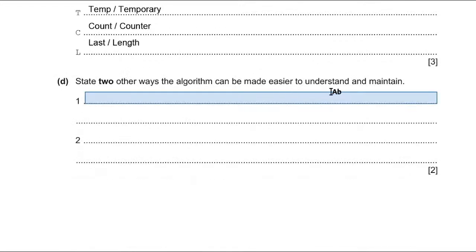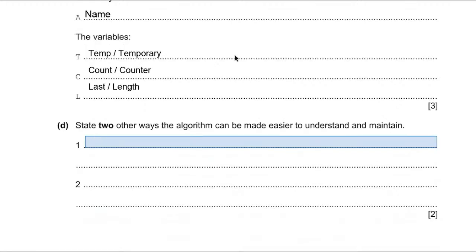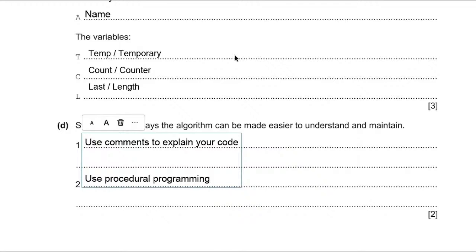State two other ways the algorithm can be made easier to understand and maintain. The first way is using meaningful variables. Other than that, use comments to explain your code, and then use procedural programming or procedures and functions.